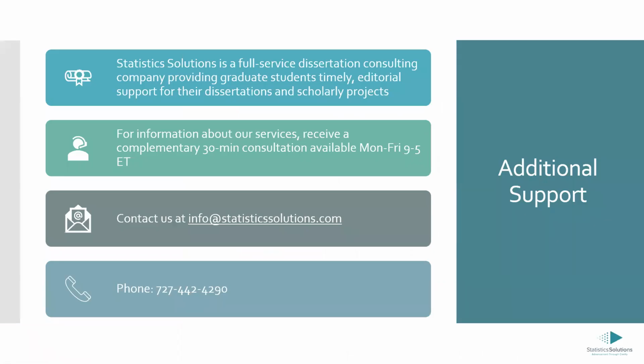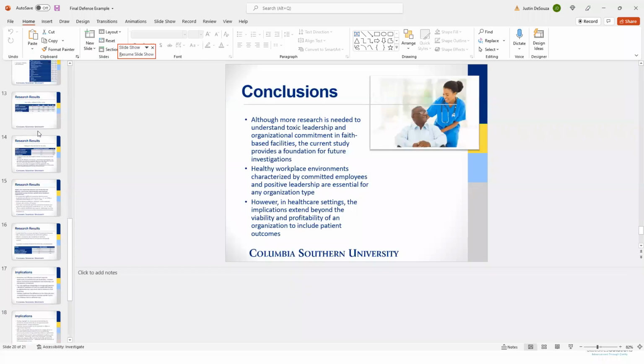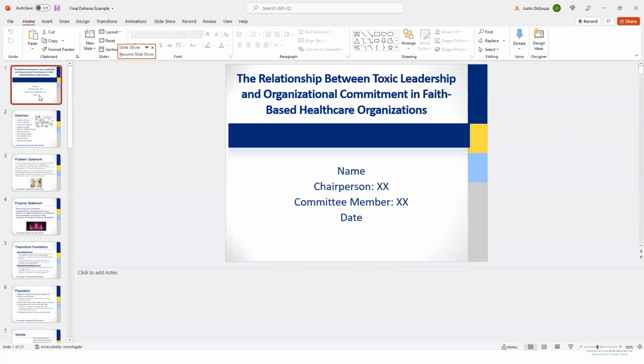Okay, so I do have a sample quantitative defense here that I'll pull up. It's a final defense example. So this is just an example of a final defense, and it kind of follows the same section headings that I provided in the PowerPoint.